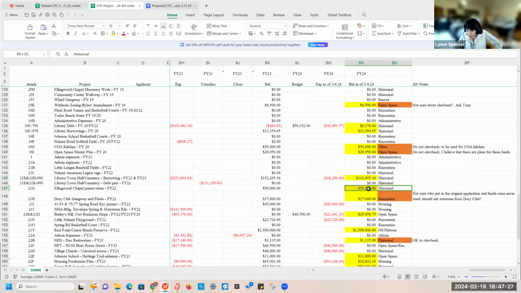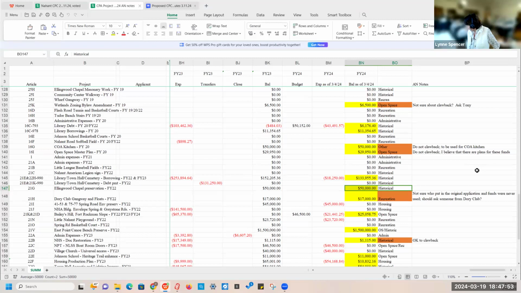Next up is $50,000 for Ellingwood Chapel preservation. We really do need work on the chapel and on the gate, Tony, and I know you've been talking with Richard Smith. I hope this one was submitted to the CPC by the Cultural Council, by Jim Walsh when he was on the council.